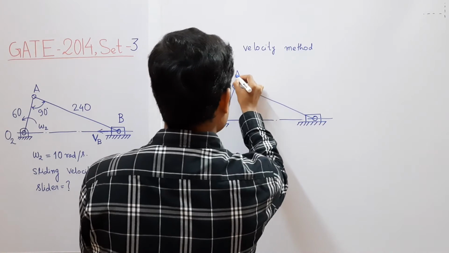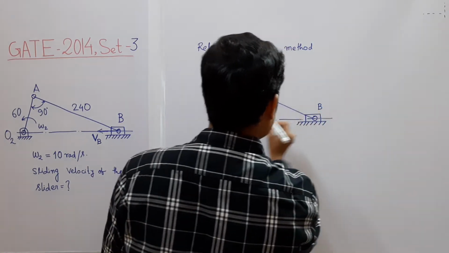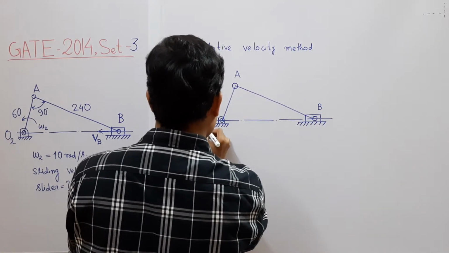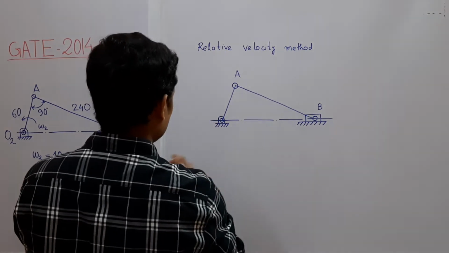This is point A and this is point B, this is O2.